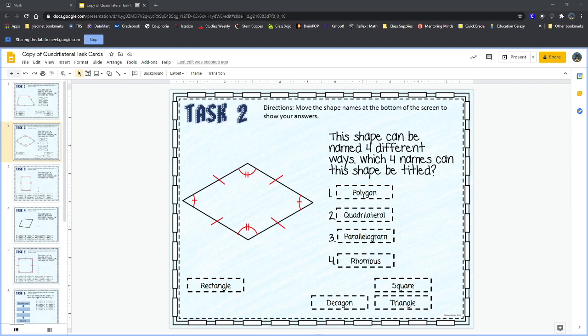I'm on yours right now, Bradley, and it's letting me move stuff around. What you could try doing is pressing the reload button, the one that looks like a circle. See if that would help you out.